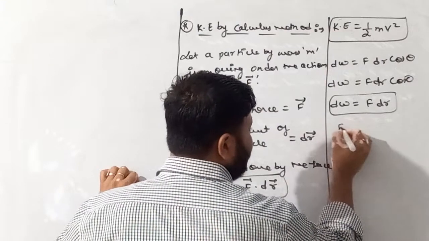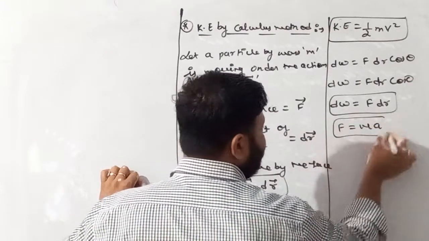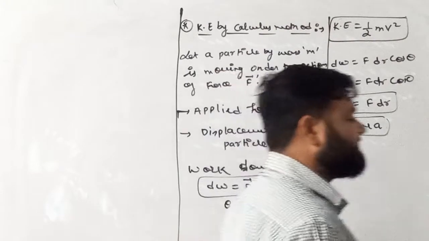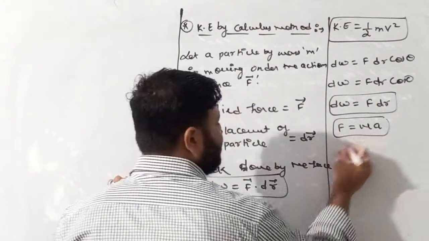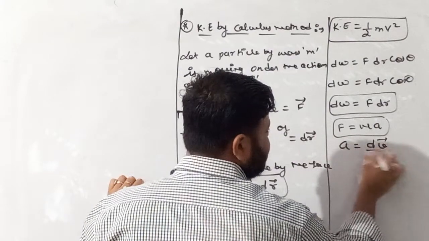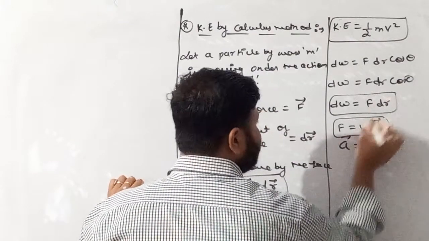Now instead of F, I'll write ma, because we know that force is mass into acceleration, and instead of acceleration we can write change in velocity with respect to time.